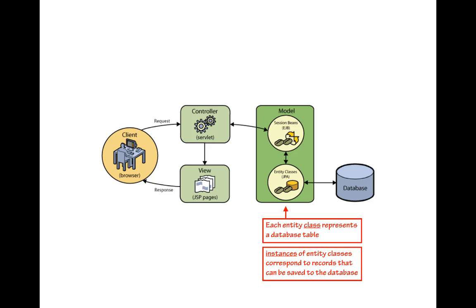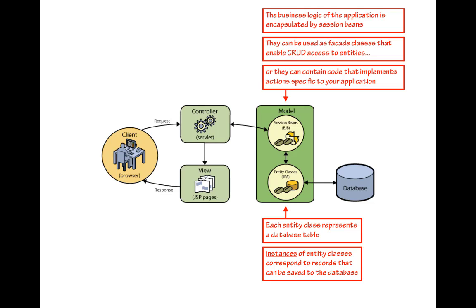Session beans associated with the entity classes have by default the basic database CRUD functionality for the entities: create, read, update, and delete. These methods can and should be modified to reflect the needs of your application.